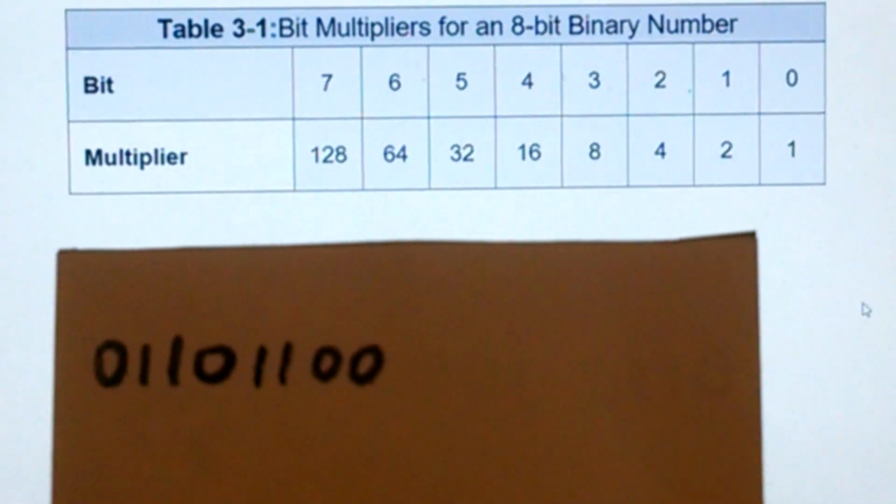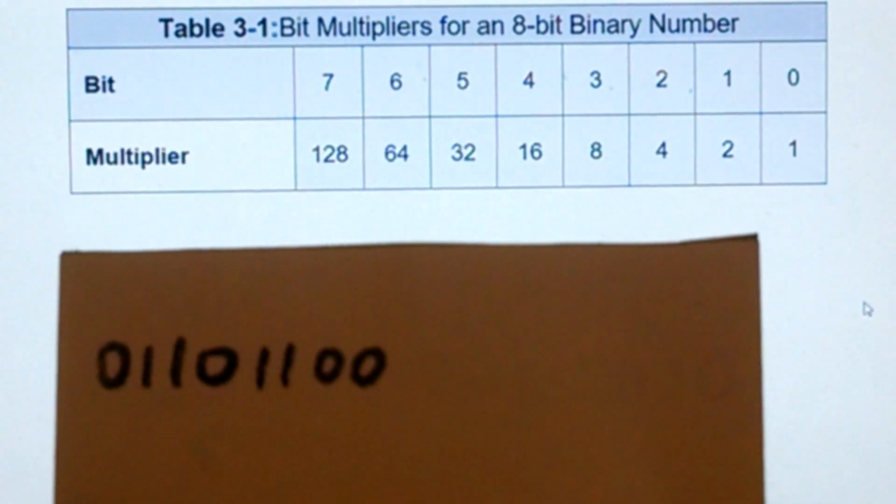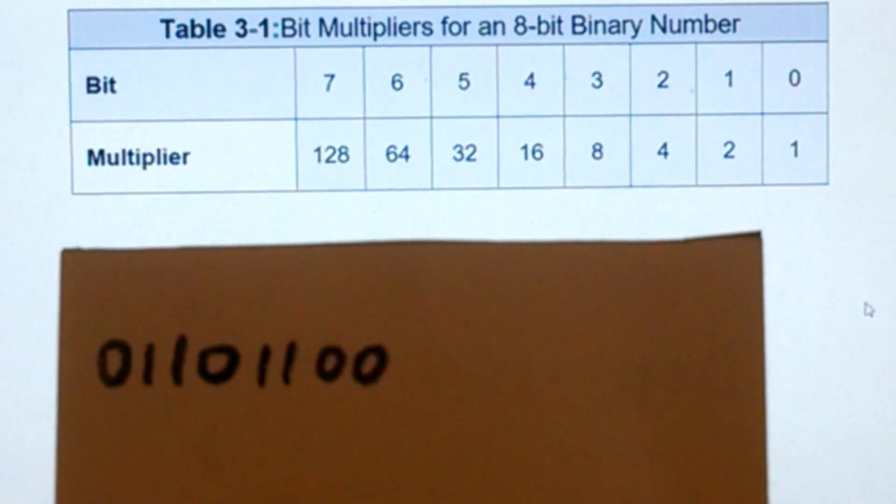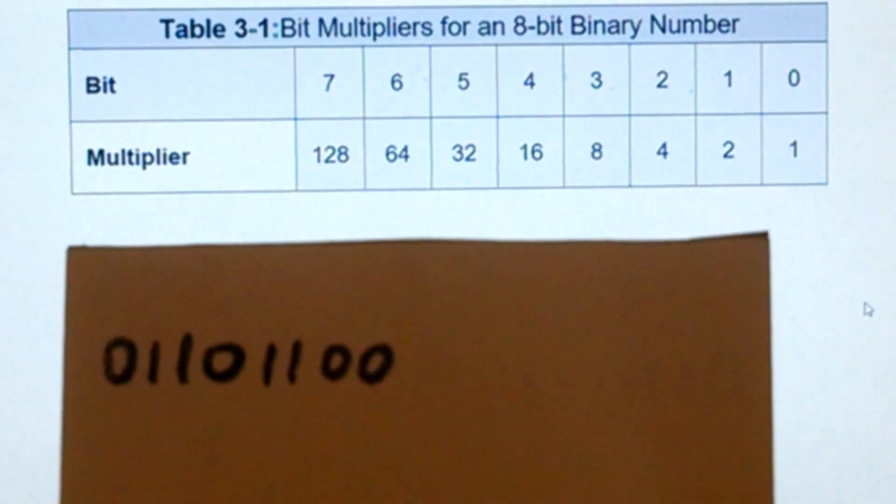So now that we have the measurement represented as a binary number, let's turn it into a decimal number by multiplying each column and then adding them up.